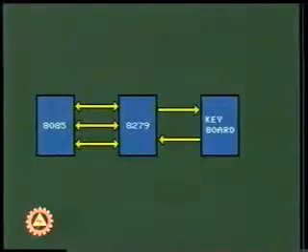We can delegate all these operations that were previously done by the microprocessor to a peripheral device. In this case, it would be a keyboard controller. It is possible to hand over all these jobs to a keyboard controller chip so that the processor is free to do other essential jobs.